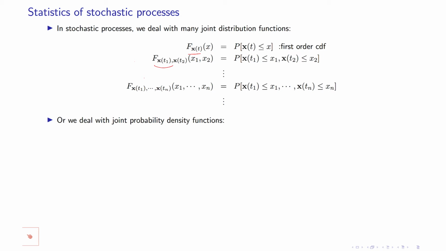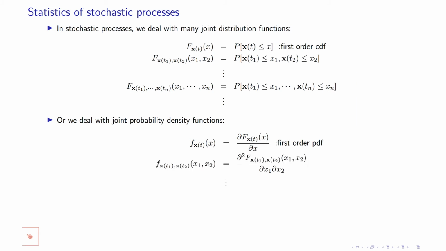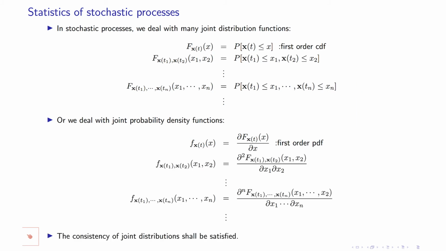So they should be somehow consistent. Now, from the CDFs, you can get the PDF by taking partial derivatives and so on. And so the consistency of these joint distributions shall be satisfied. In most applications, you need only two of them, if not some of them.